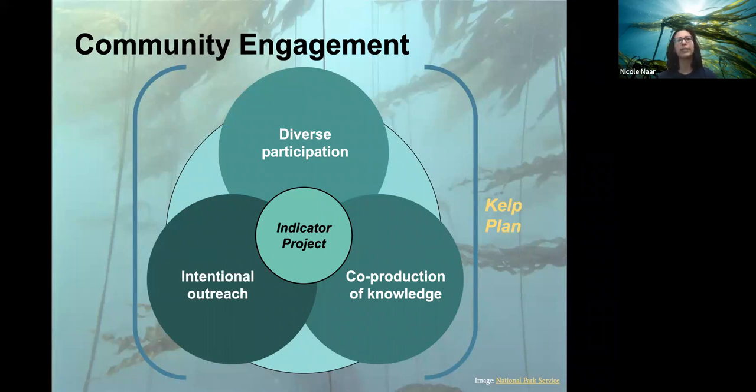And so our goal is that intentional outreach results in diverse participation that allows for the co-production of knowledge, such that the indicator really synthesizes data from different sources of state agencies, community and citizen science, indigenous science, and other sources. A wonderful example of the possibilities of this approach is the Samish Indian Nation's Kelp Monitoring Program, which Helen alluded to earlier.